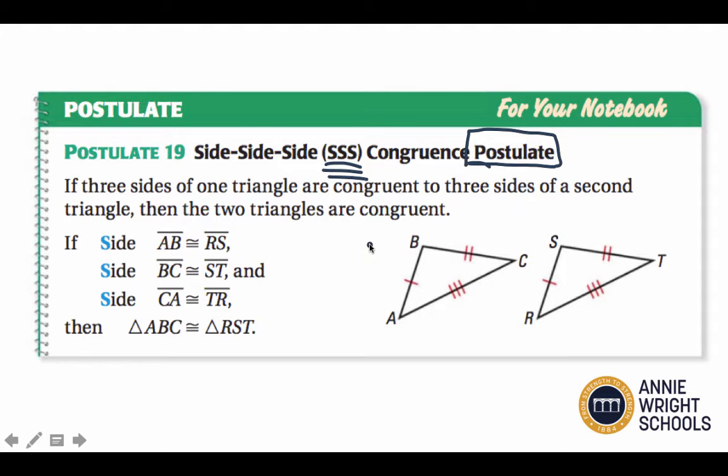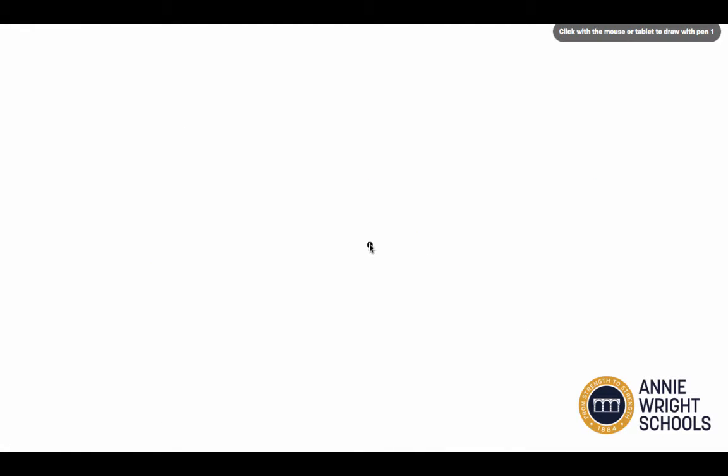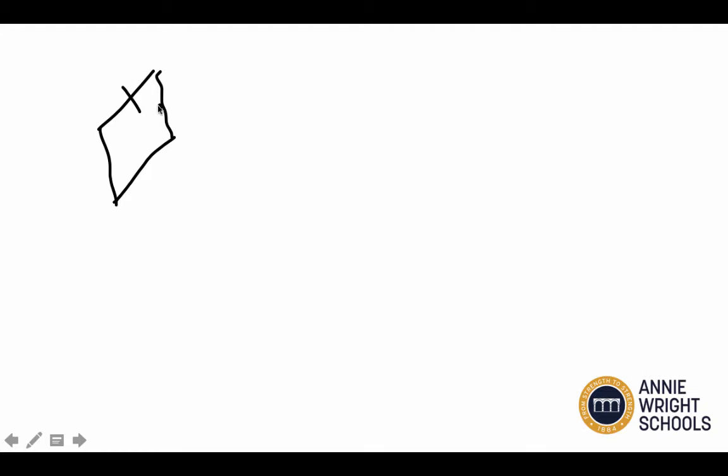One area where you might see this in geometry is what if we have an equilateral quadrilateral. An equilateral quadrilateral is called a rhombus. It's where all four sides are congruent. Well, then I can easily just put in a diagonal here, say that diagonal is congruent to itself, and then what I can prove is that because these two triangles are congruent to each other by SSS, I can prove that this angle is congruent to this angle.